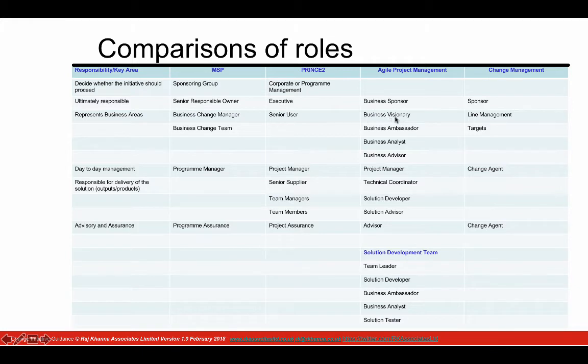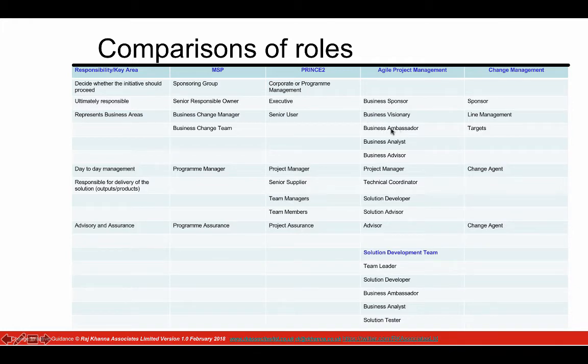The business visionary is responsible for defining the requirements at a high level. So they will say, we need a kitchen, or we need a quick cooker. What they don't go into detail on is the actual type of cooker, how many rings, etc. That is the business ambassador.